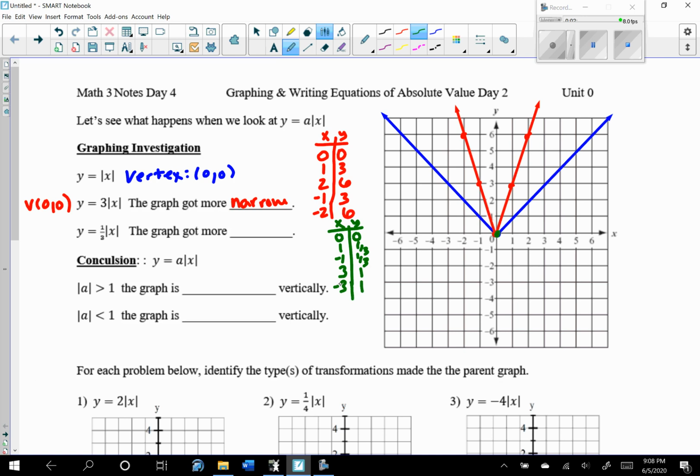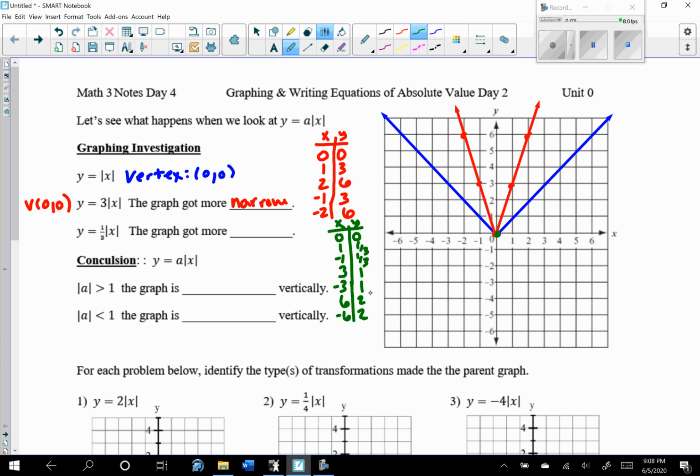The next value that's divisible by 3 that we could use is 6. So if I use 6 and -6 and plug that in, the absolute value of 6 times 1/3 would give me positive 2. And the -6 would give me positive 2 as well.